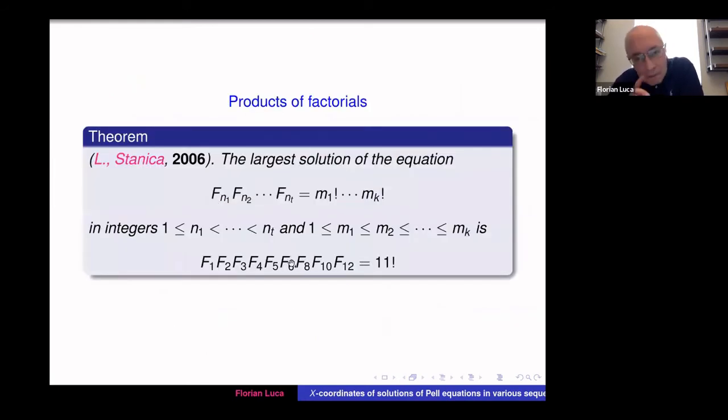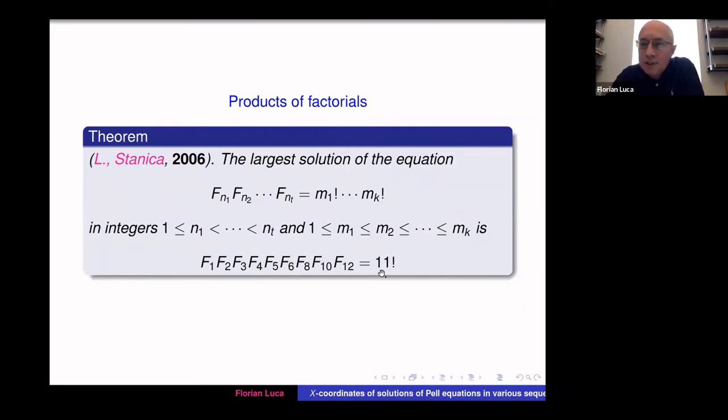And then what I proved with Prof. Stanica, who is a Romanian mathematician who works at the Naval Postgraduate School. He came to WITS many times. We proved that if you take a bunch of Fibonacci numbers and you multiply them together, and you want that to equal a bunch of factorials multiplied together, then the largest solution is this one.